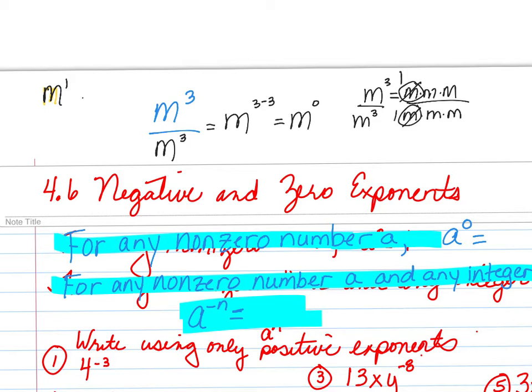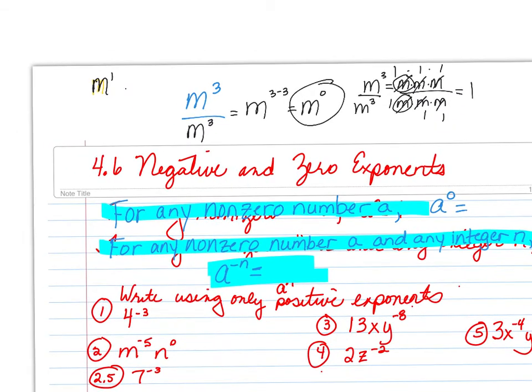That's a 1, that's a 1. Cancel, cancel, 1, 1, cancel, cancel, 1, 1. So what do we get left? 1 times 1 times 1 is 1, not 3. 1 over 1, which is 1. Anything to the 0 power is 1.